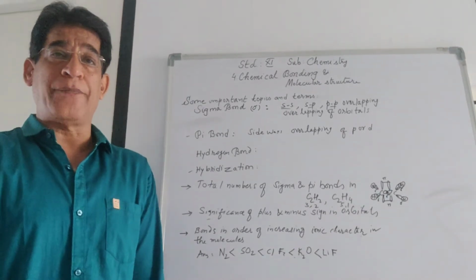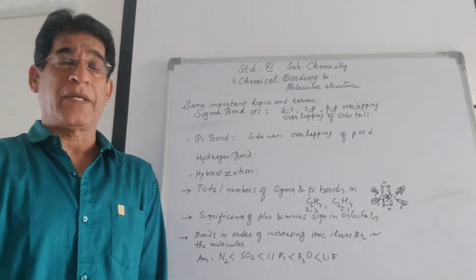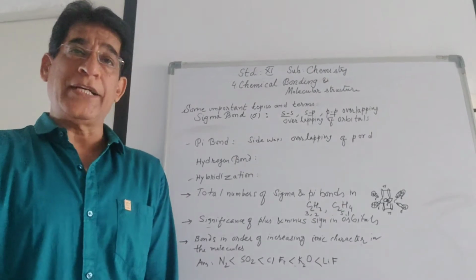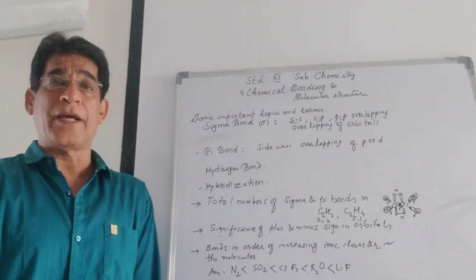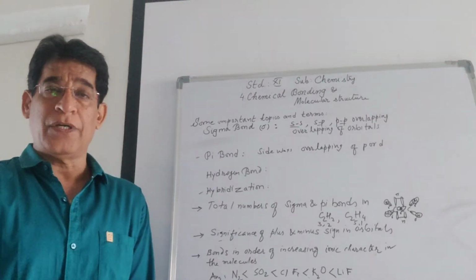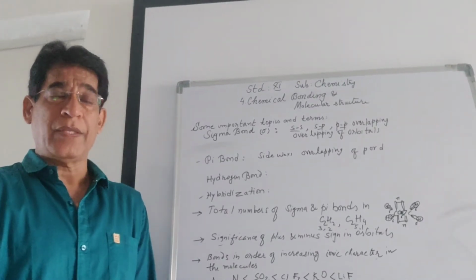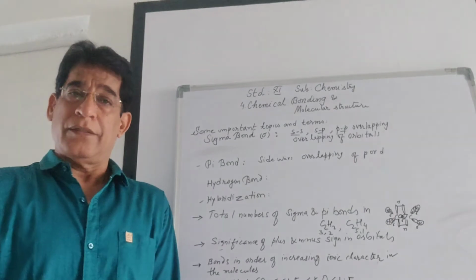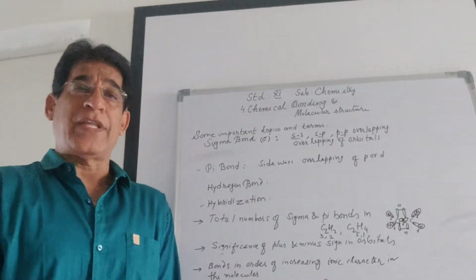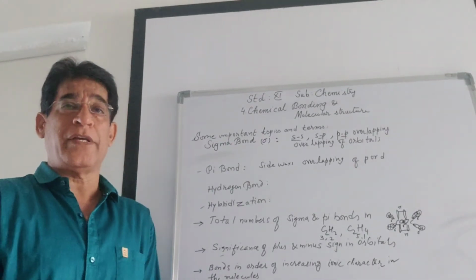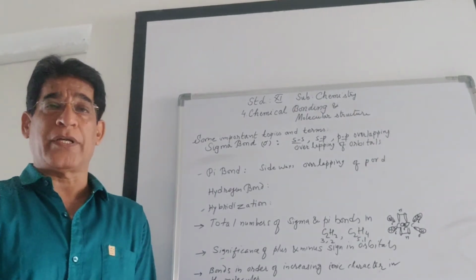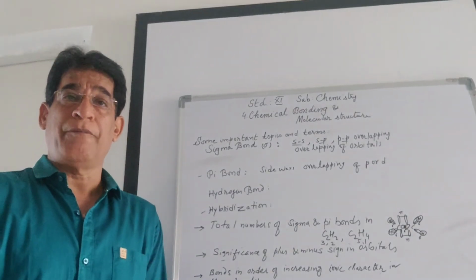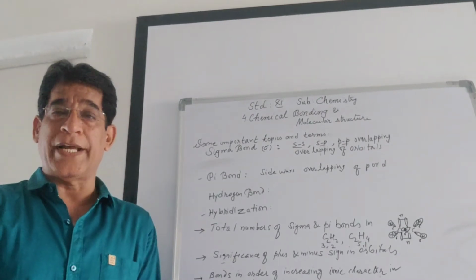There are two types of hydrogen bond. First, intermolecular hydrogen bond, as for example HF and H2O. Next, the second type of hydrogen bond is intramolecular hydrogen bond, as for example ortho-nitrophenol.